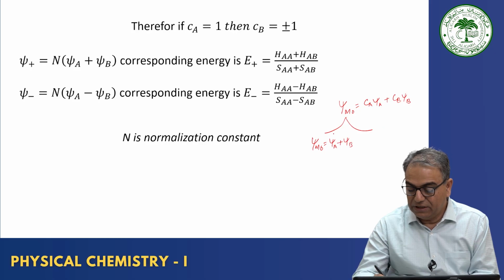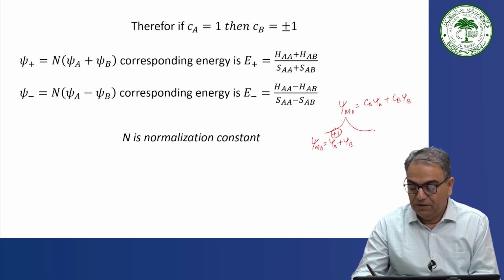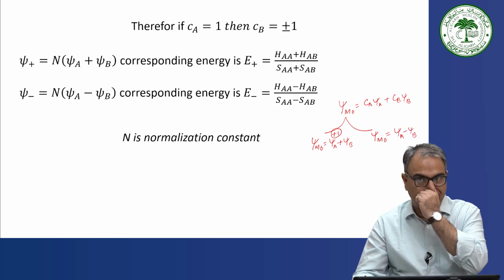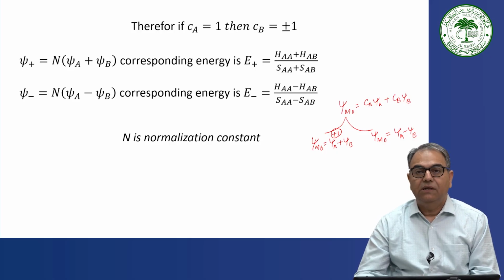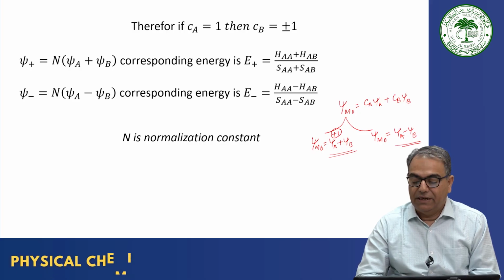And here if you take plus 1 value of Cb and minus 1 value of Cb, what do you get? Psi A minus psi B. Okay. So two different wave functions, eigenfunctions we generate, psi A plus psi B and psi A minus psi B.